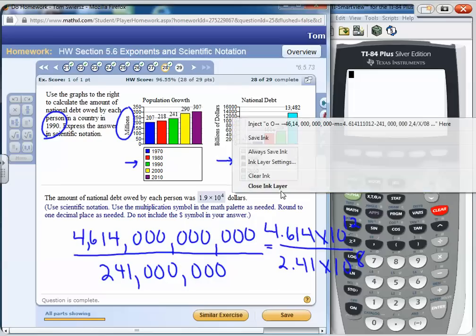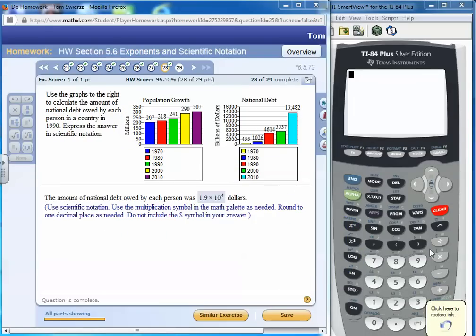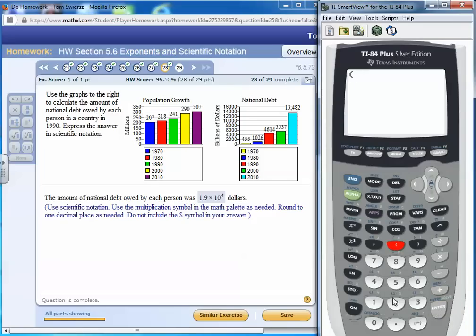All right, obviously we can do this on our calculator. If we want to do the shortcut, we enter 4.614, second comma, E, which takes care of the times 10, then the exponent 12, and then divide by the number of people: 2.41, second comma, then the 8th power, and then right paren.